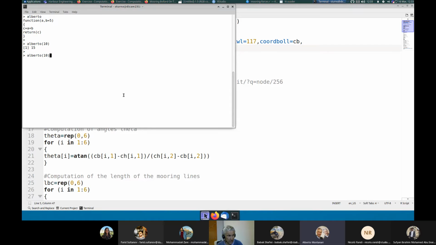Another trial, I get back the previous one, and I give now a value for the second argument, Alberto 10, 7. 17. You see, I wrote a function.